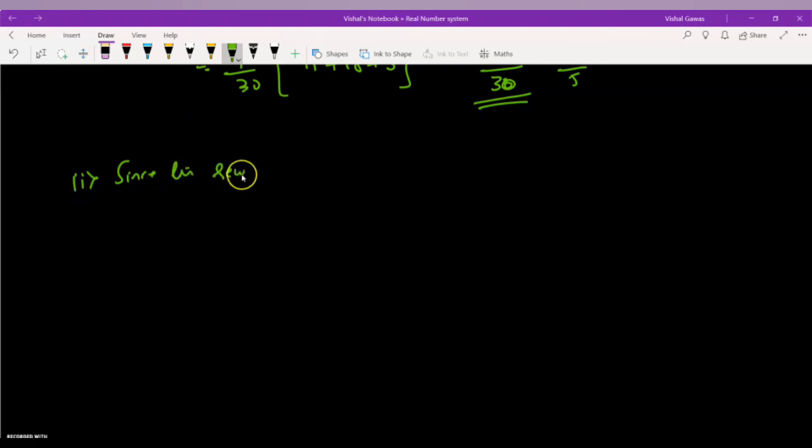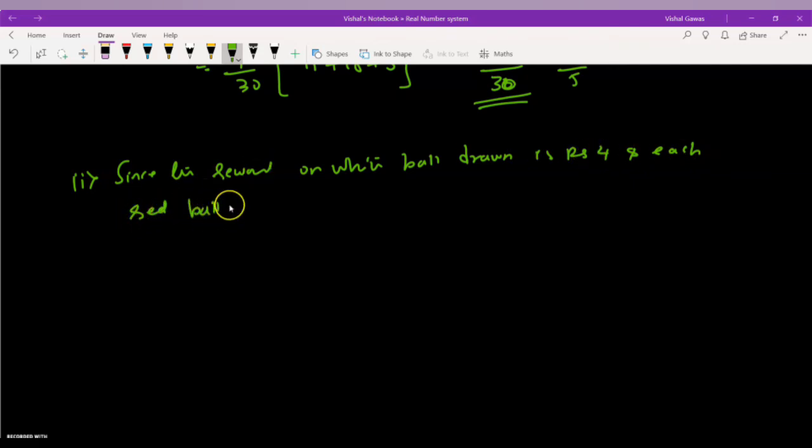The reward on each white ball drawn is rupees 4, if I'm not wrong, and each red ball drawn is rupees 6, right?